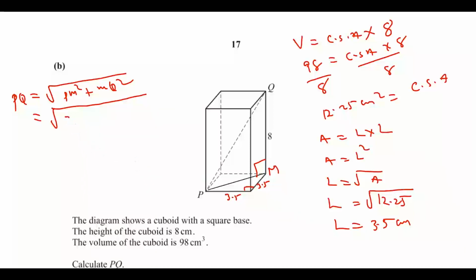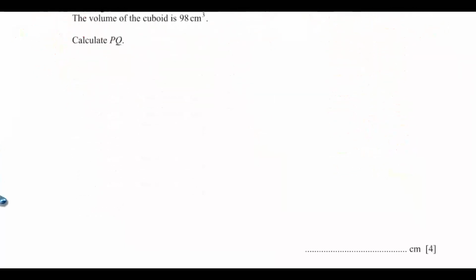So I can write 3.5 squared plus 3.5 squared, that is PM squared. Then plus MQ now, which is 8 squared. MQ is 8. So if you input this into a calculator straight away, you should get 9.41 centimeters as the value of your PQ. That is pretty easy.